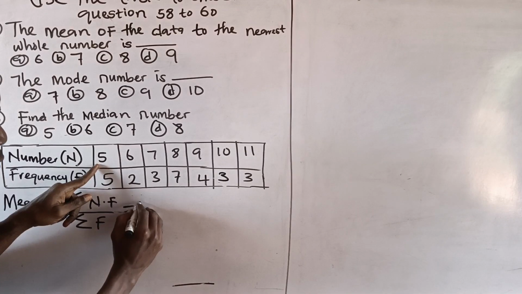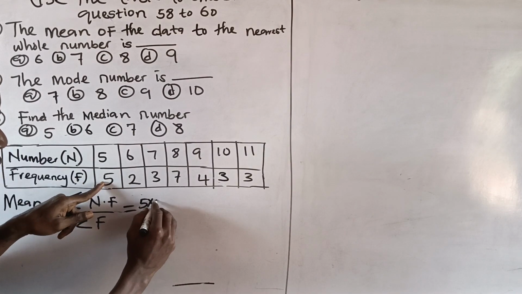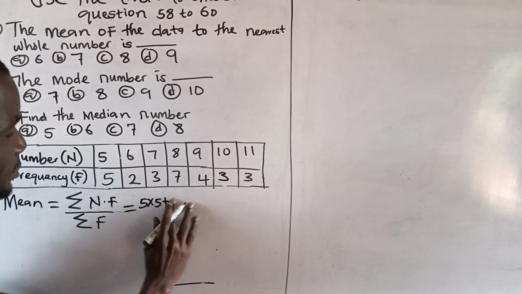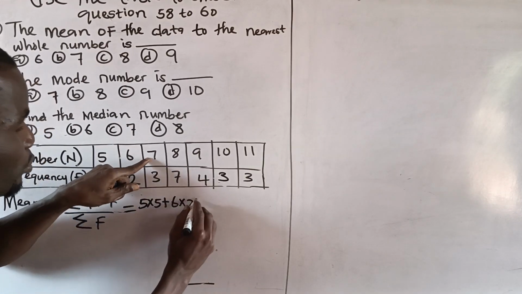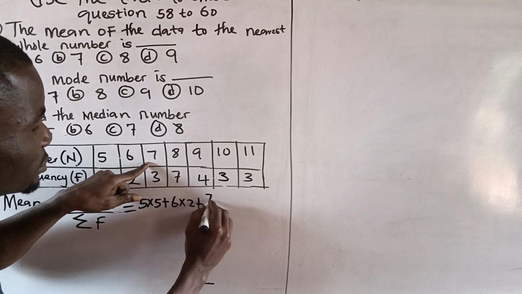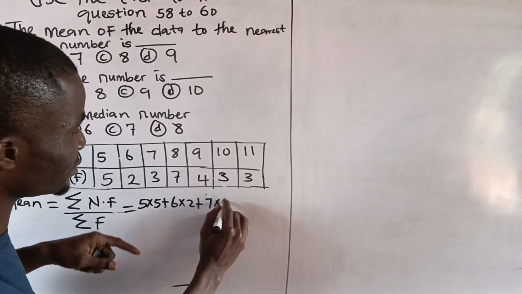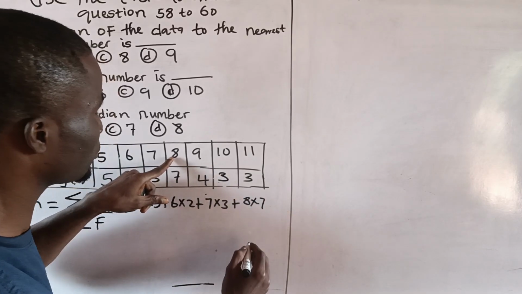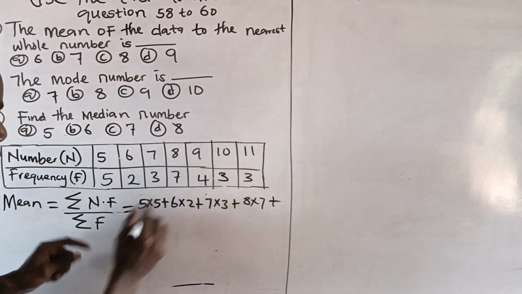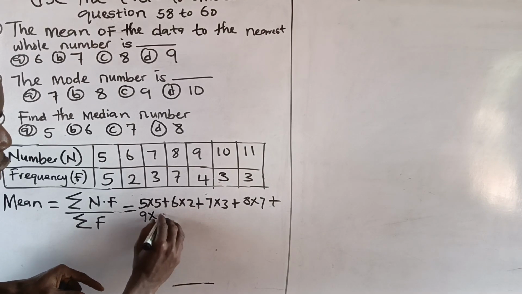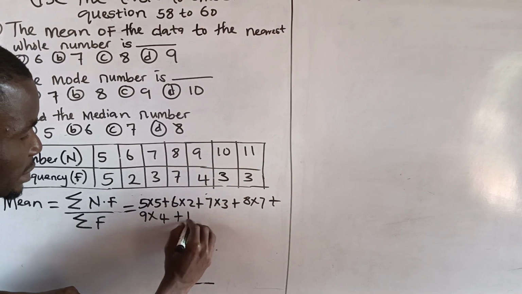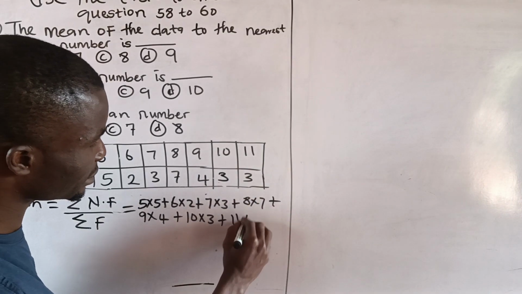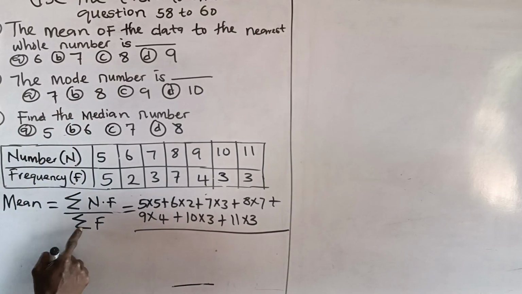That is 5 times 5, plus 6 times 2, plus 7 times 3, plus 8 times 7, plus 9 times 4, plus 10 times 3, plus 11 times 3, divided by summation f.